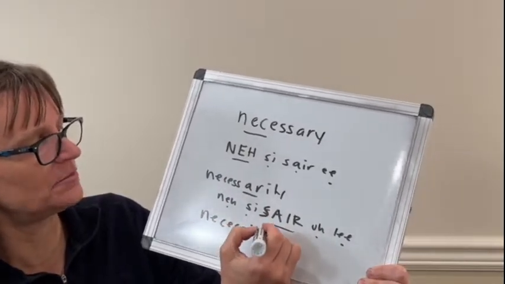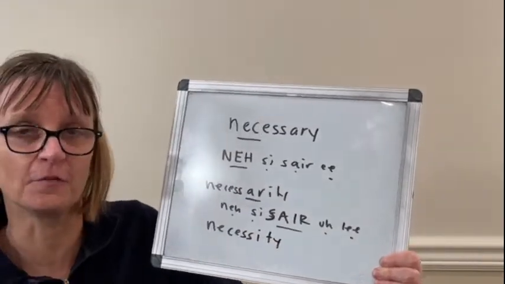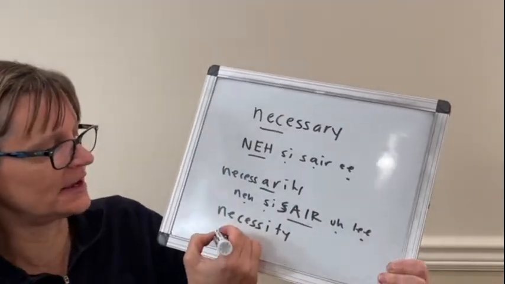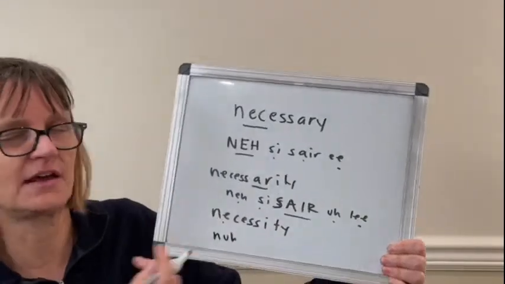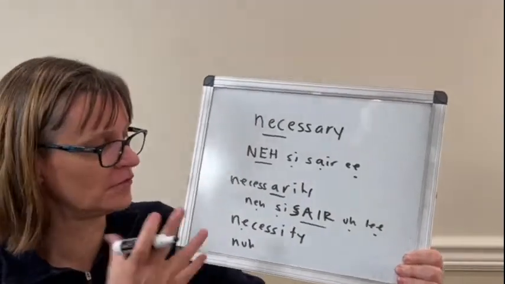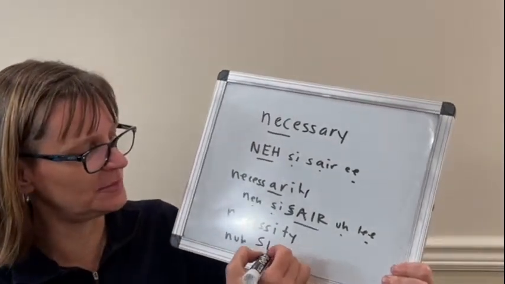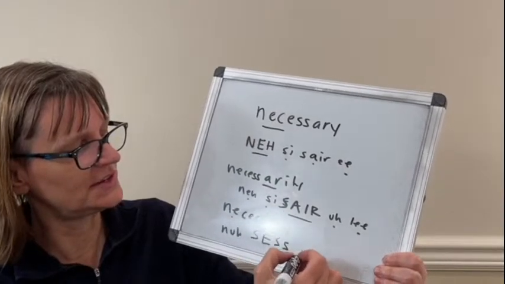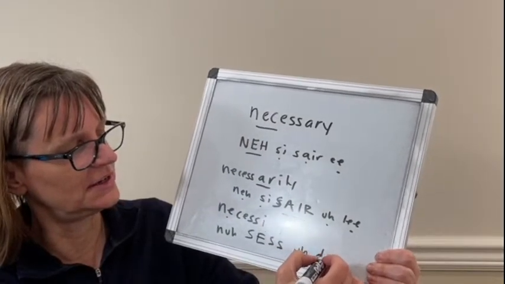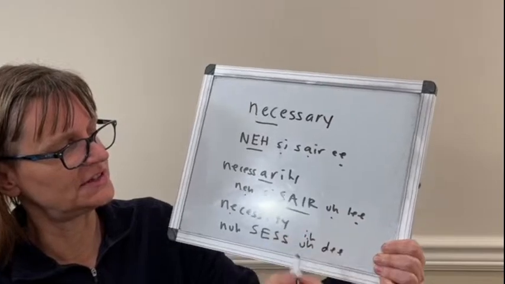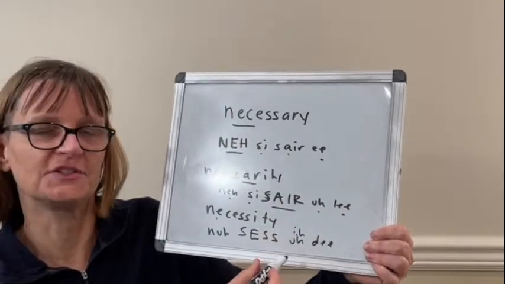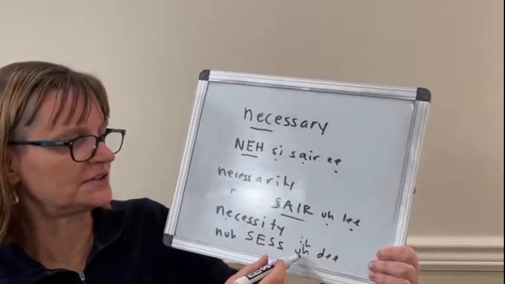So I would say the most difficult thing in these words is getting the rhythm correct. That sounds like nuh, because that first syllable gets reduced because the second syllable is stressed. Necessity. We probably use necessarily more often than necessity.